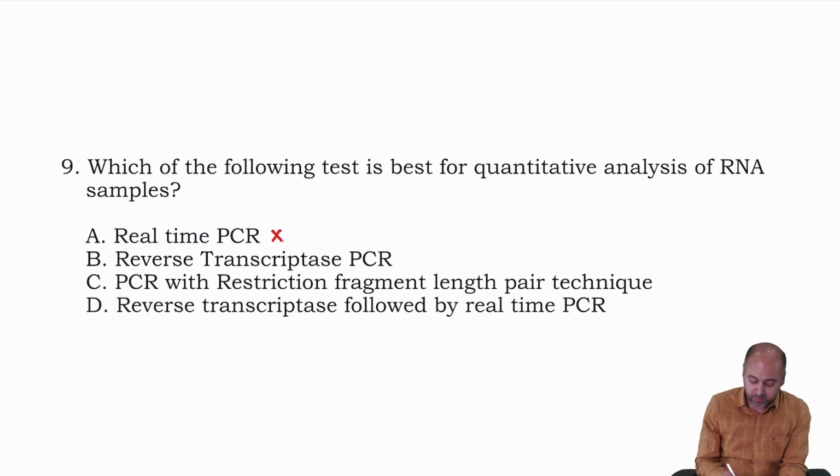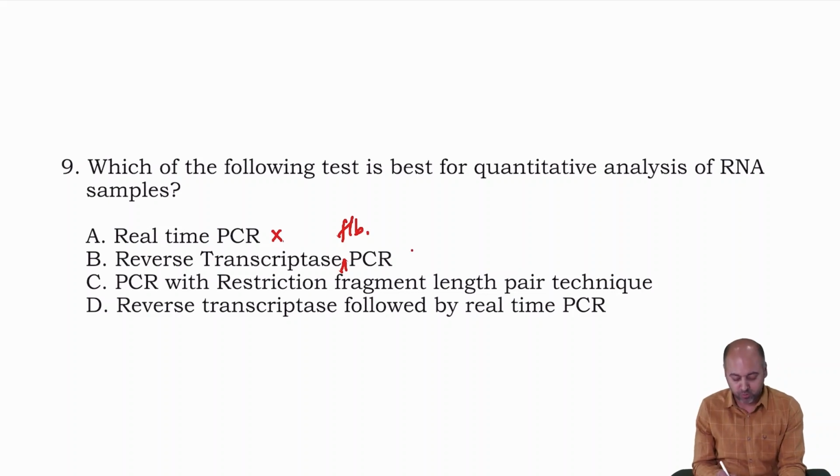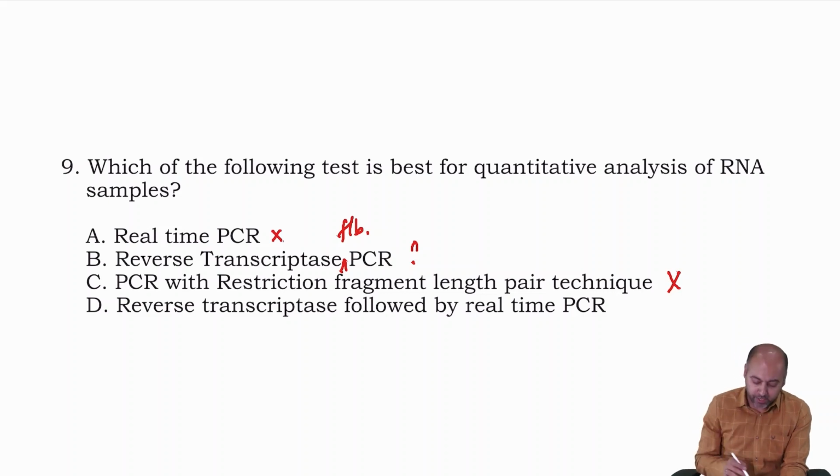Reverse transcription followed by PCR would be a good answer, but let's look at the other options. PCR with restriction fragment length polymorphism, no, this is used to identify single nucleotide polymorphism, so this is not for quantitative analysis of RNA.